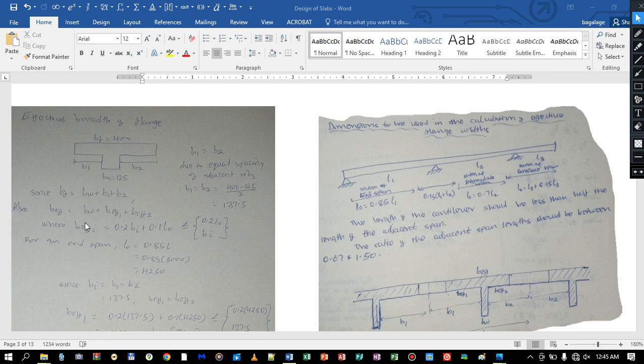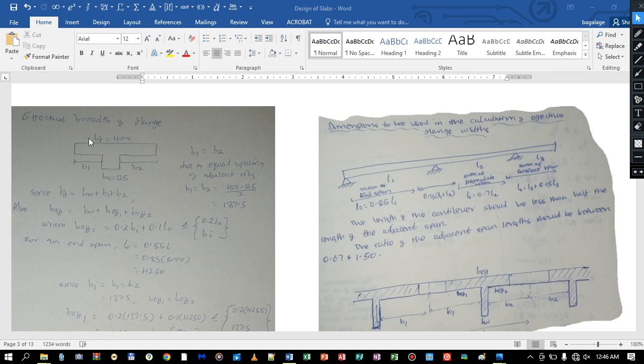It states that the provided flange width, this is our rib spacing, will be this distance B1 from the face of the rib to the end of the flange on either side, plus the width of the rib.